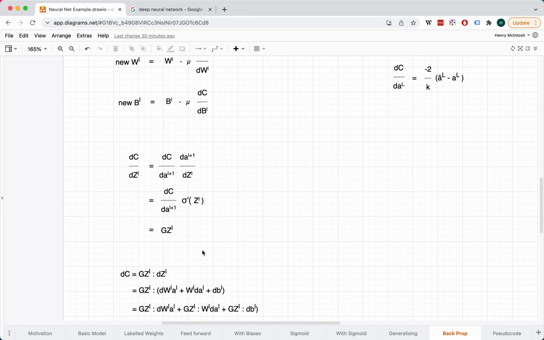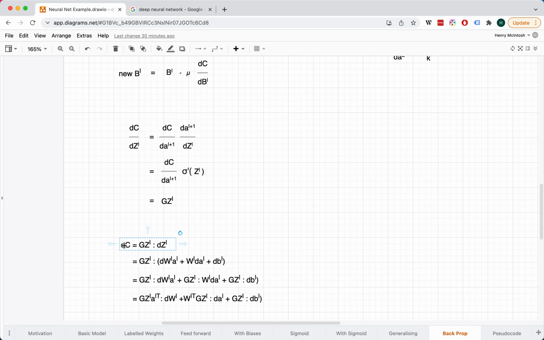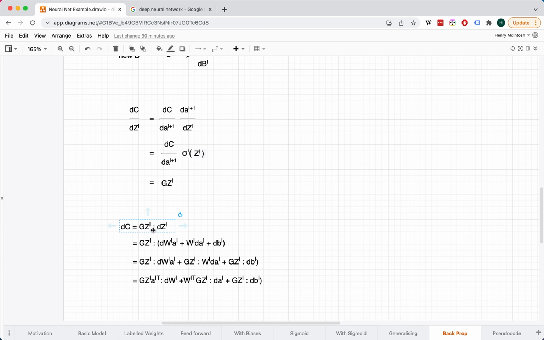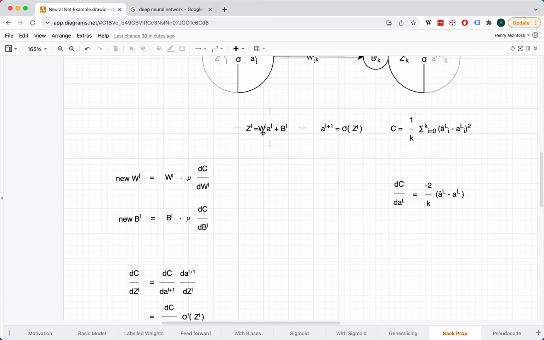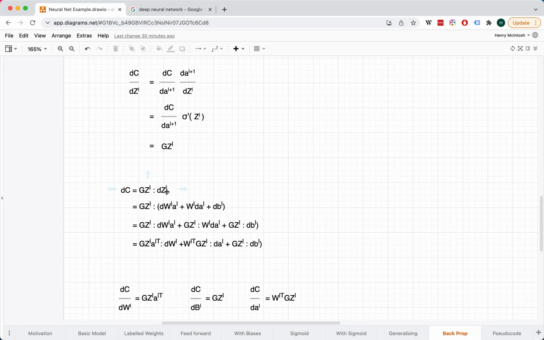So let's now take the differential of C. This colon represents the inner product between these two, and we can expand what Z is, because we have this expression for Z. So let's replace that here, and we get this full term, and we can expand this out element by element.